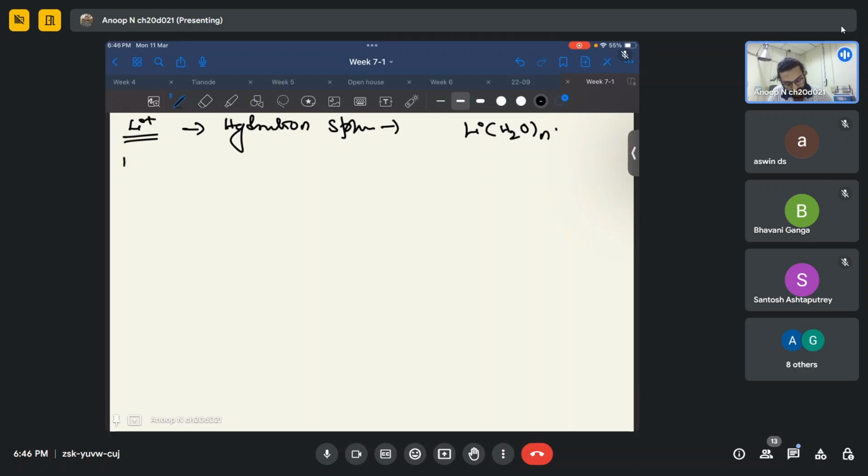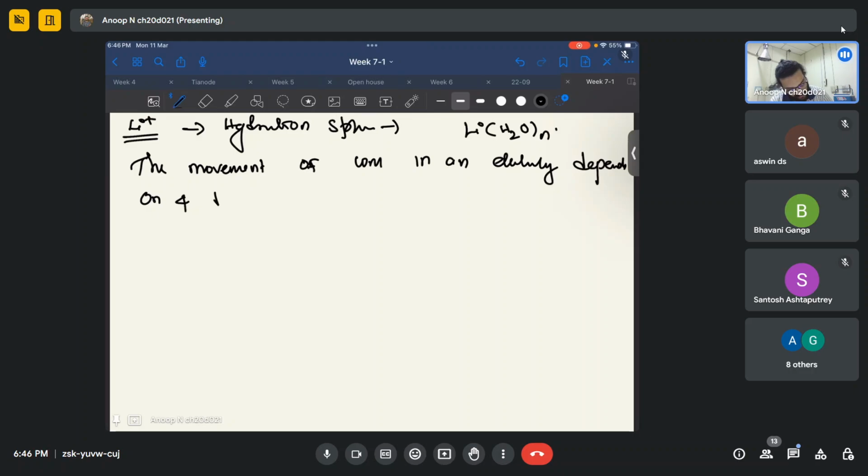So in the class, four points were discussed. The movement of ions in an electrolyte solution depends on four factors. What is the first point?